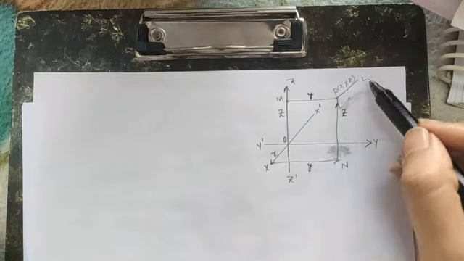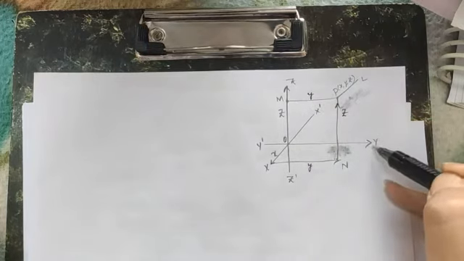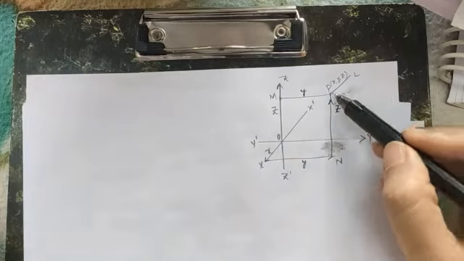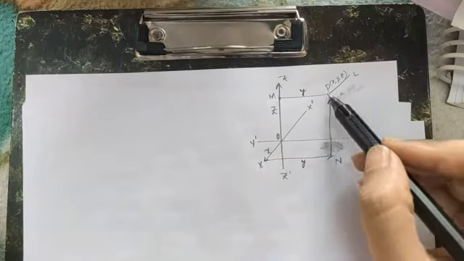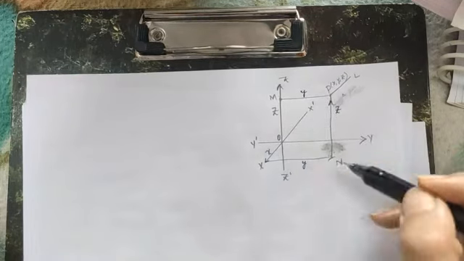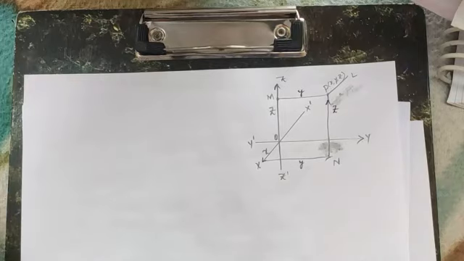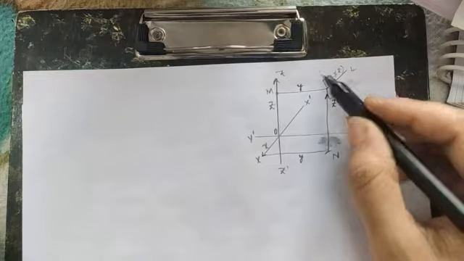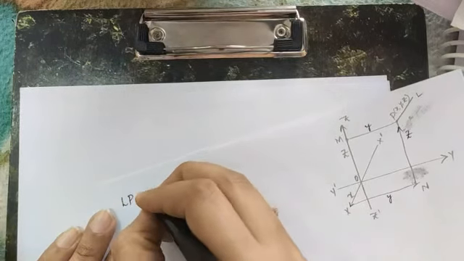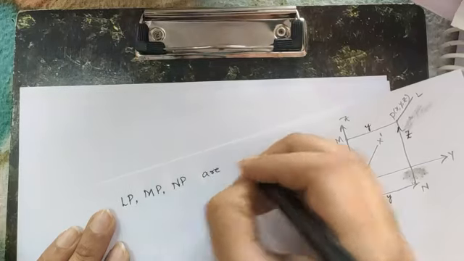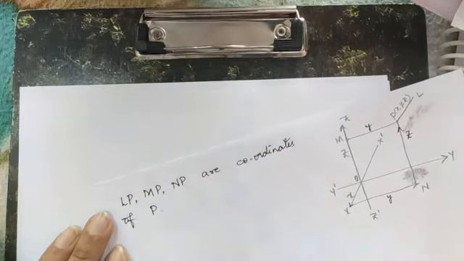This PL is perpendicular to the YZ plane, that is YOZ. Similarly, PM is perpendicular to the ZOX plane, and PN is perpendicular to the XOY plane. Now LP, MP and NP are called the coordinates of point P.